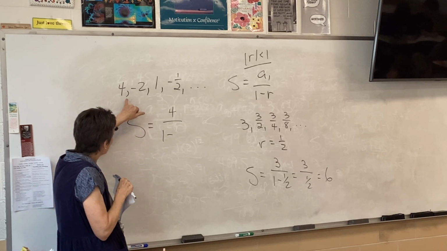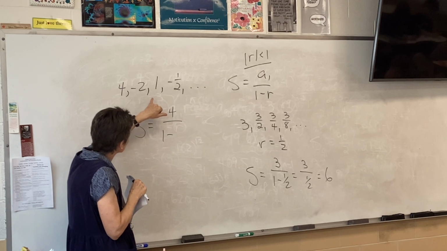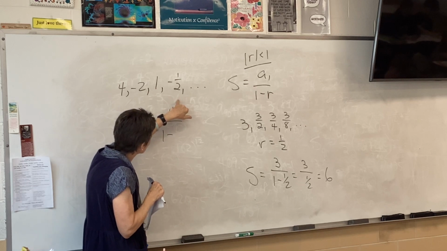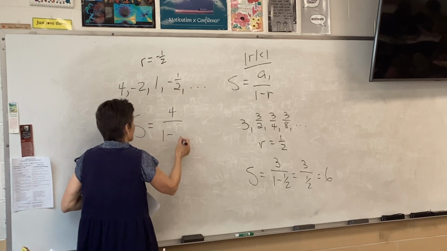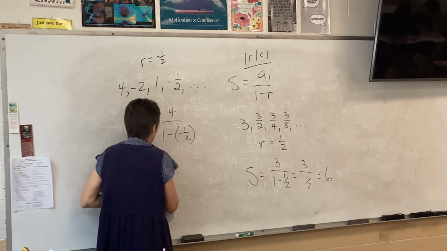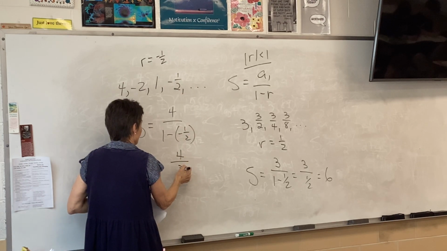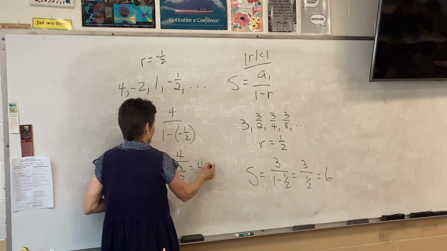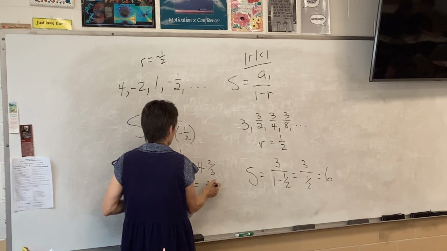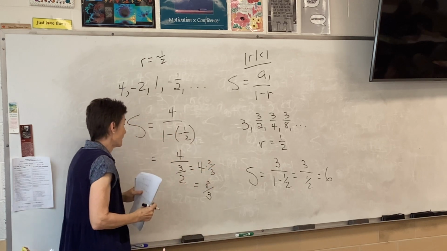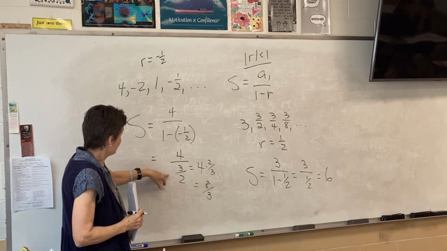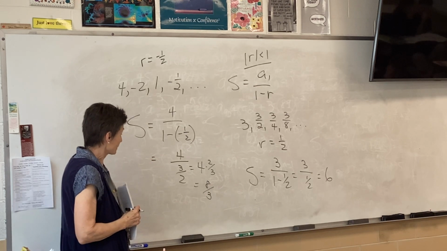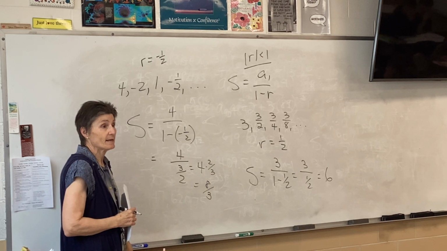Now what am I multiplying by here? 1/2. So I got 8/3, but yeah, I could be totally wrong because I made so many mistakes today. I got that sum to be 8/3.